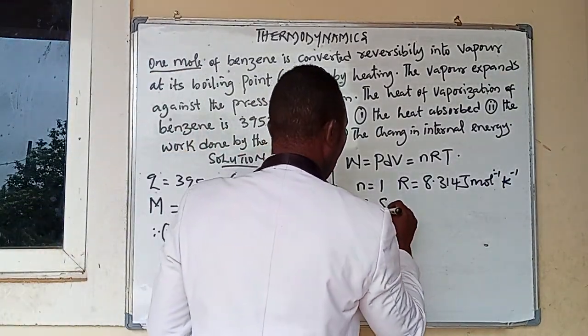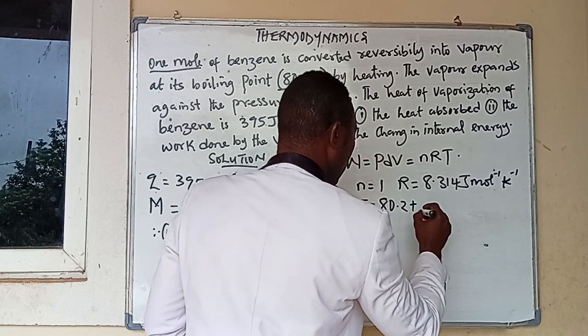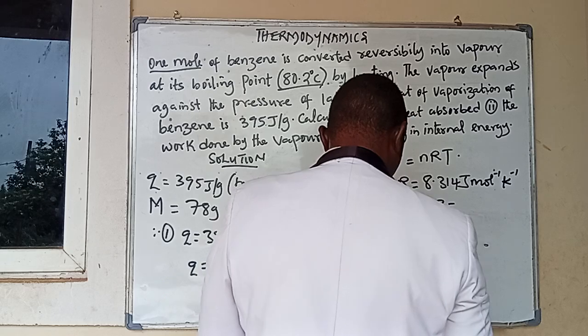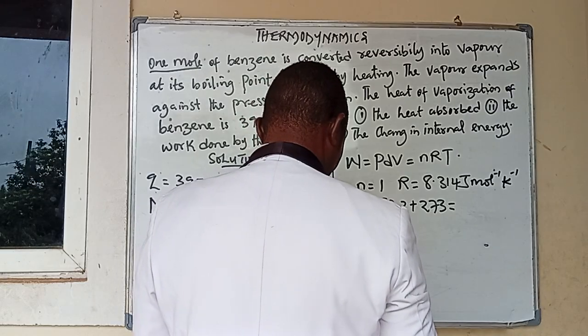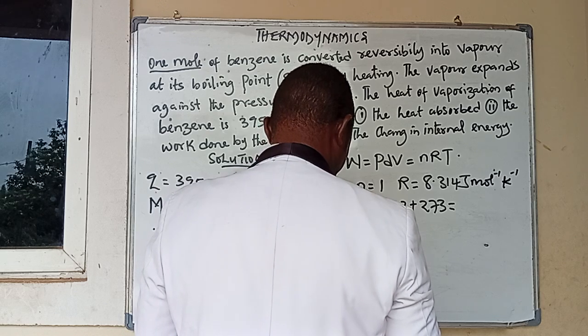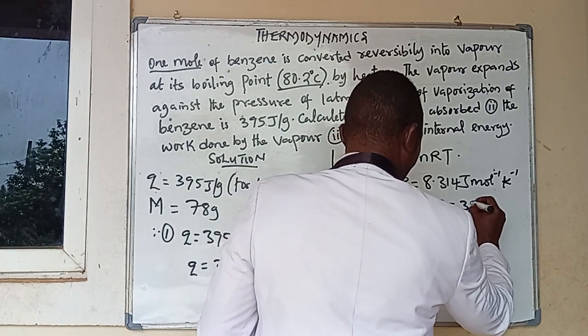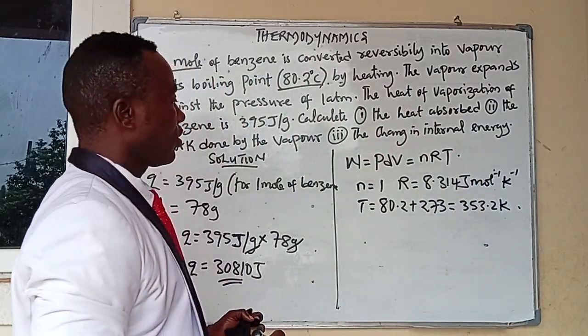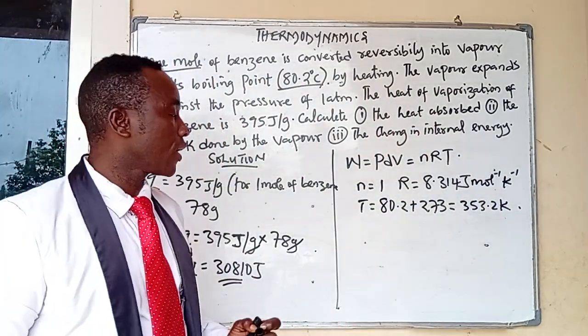That will be 80.2 plus 273, so that it will be in Kelvin. The answer that we'll get is 353.2 Kelvin, according to what I got in my calculator.